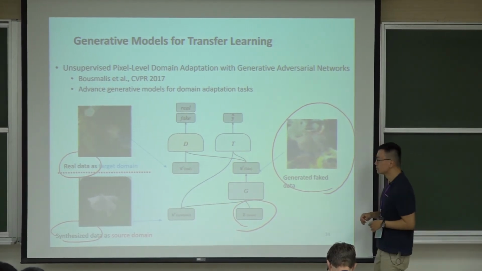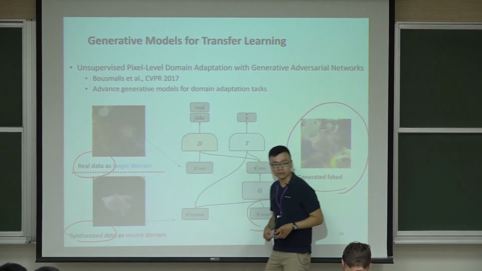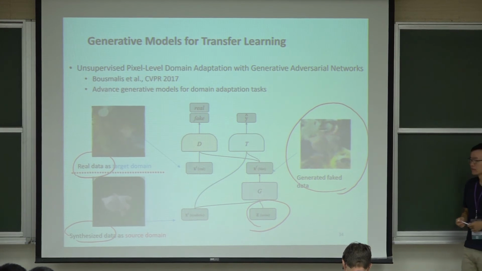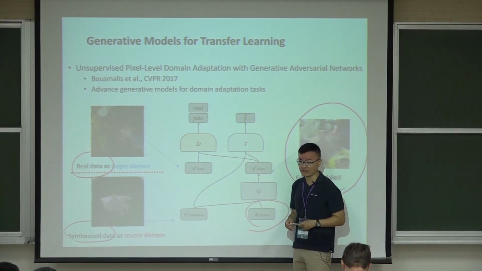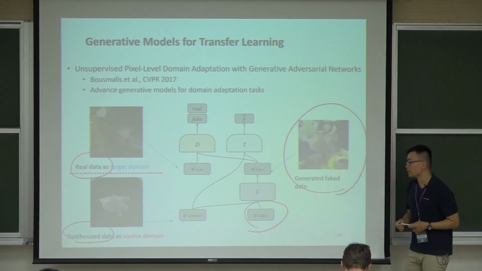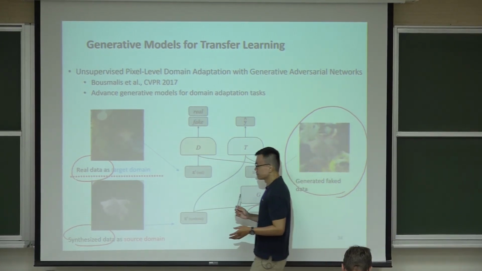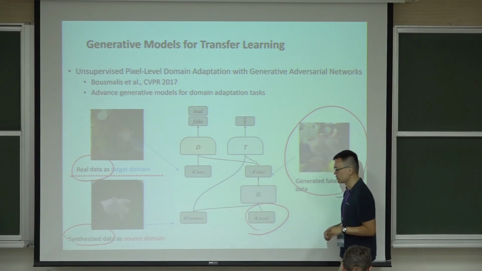So this model needs to tell which label, which category, this image is. So it's a classifier, to be short. Once the training of this model is complete, you will be able to pick a synthesized model, just foreground, no background.